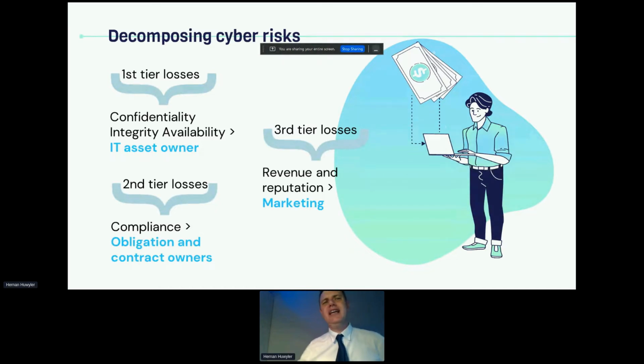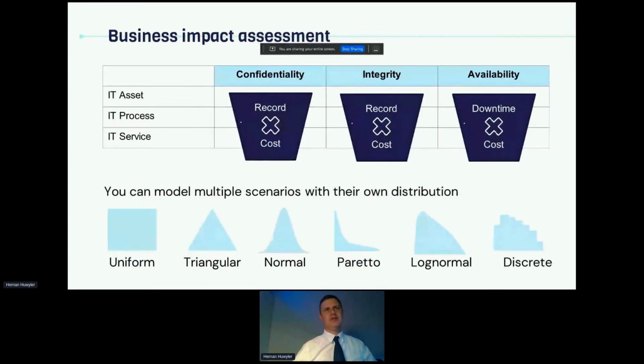However, it's highly unlikely that we are going to have a large compliance issue, and it's extremely unlikely that we are going to have a revenue loss because it will not be visible to the media, for instance. So each of these losses has a different probability to occur. We have tools in risk management that are able to deal with these scenarios, which basically come from decision trees.